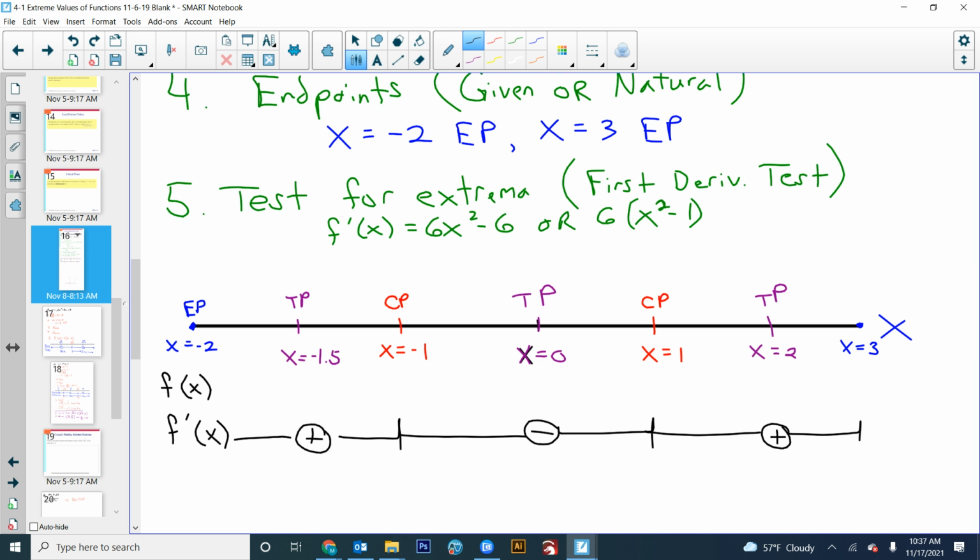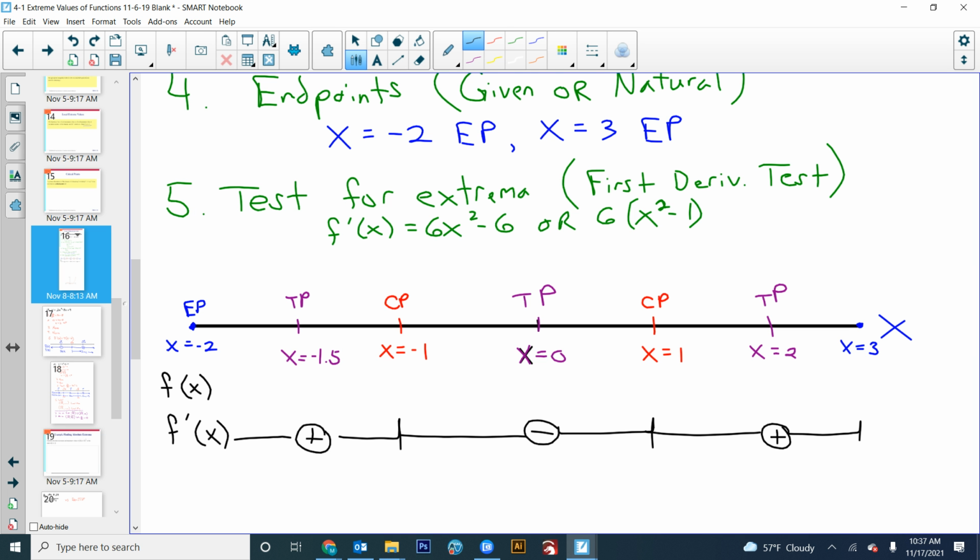Okay, on this interval, my derivative is positive, meaning my function is going up. Then it gets to a critical point. What kind of critical point? A smooth one. Then it starts going down.